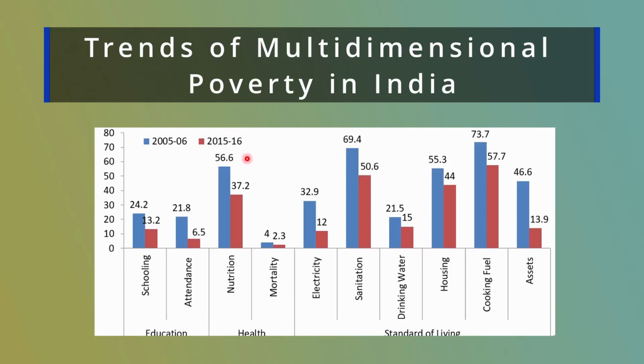In case of nutrition indicators, the level of deprivation was 56.6%. That is, in 2005-6, as many as 56.6% people in our country were deprived in respect of nutrition. That is, they were malnourished. But their share also decreased from 56.6% to 37.2%.